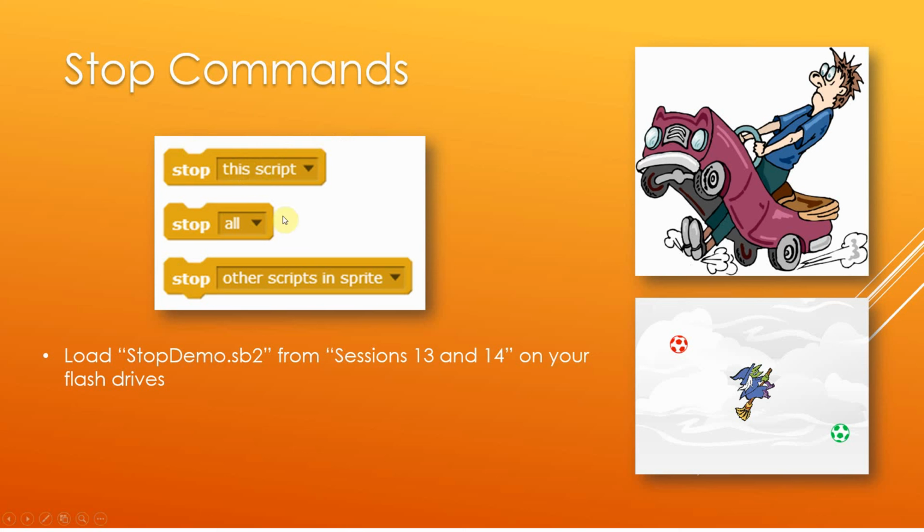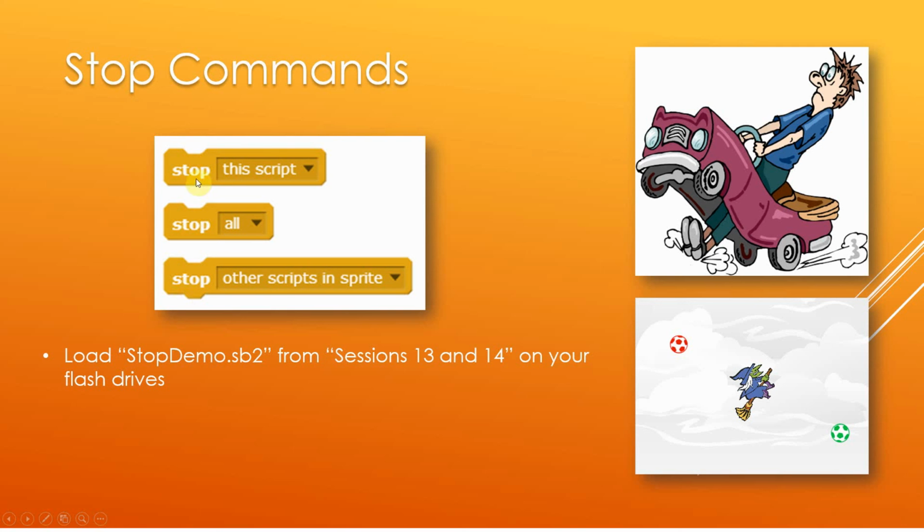The stop all will stop all scripts in all sprites, so it'll effectively stop your whole program. And then the stop other scripts in sprite will stop scripts in the current sprite that are not this script. I know that sounds a bit complicated, and we'll have a look in our example in a minute. The other important thing to notice is these three blocks differ in one other way.